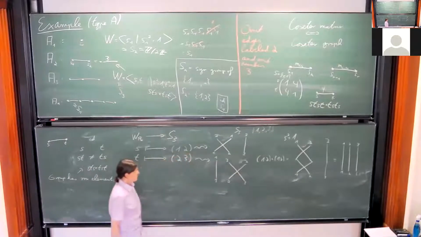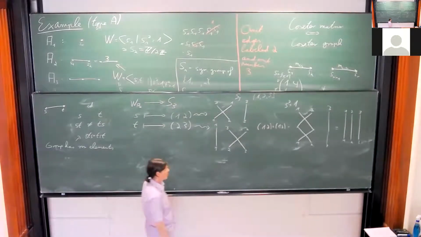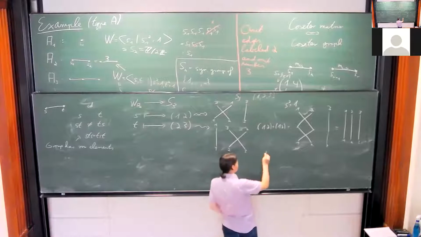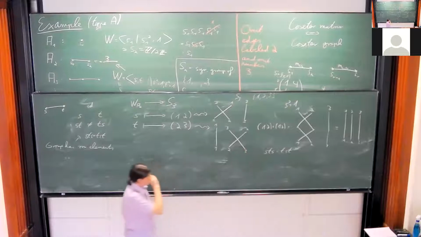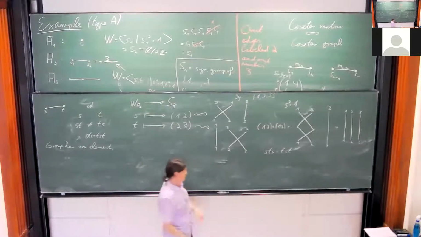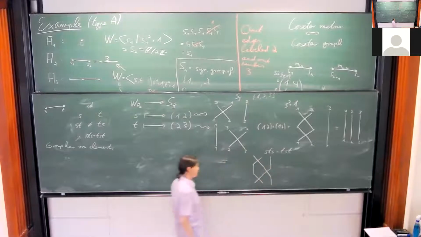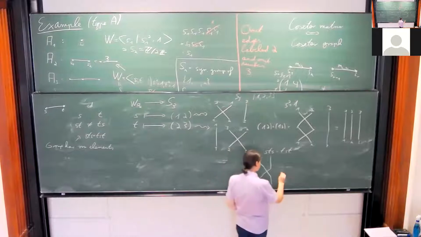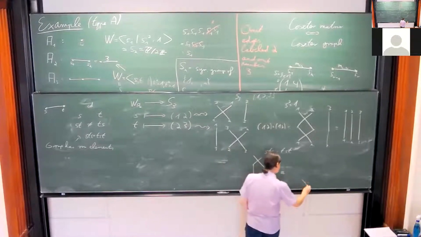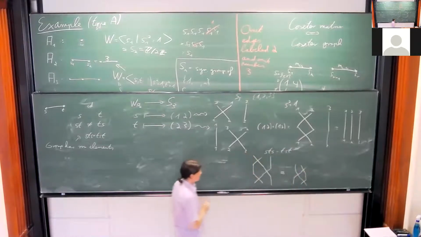And now, let me do the other one. That's a bit harder to see, but not too hard. The other one was STS equals TST. In diagrams, STS, where S is the left one and T is the right one, equals TST.